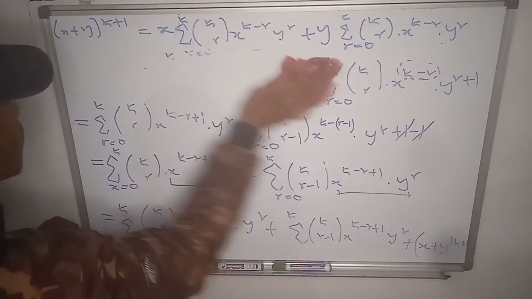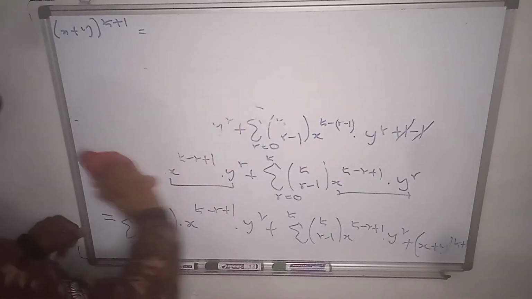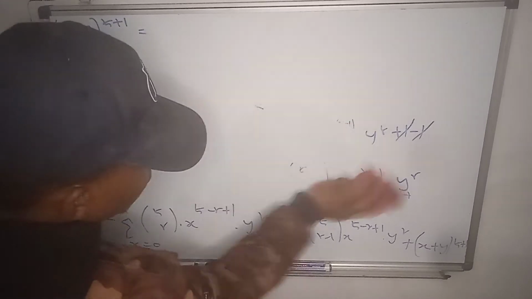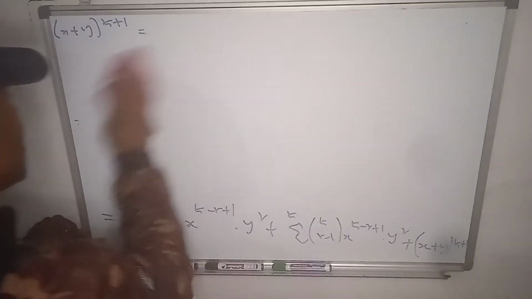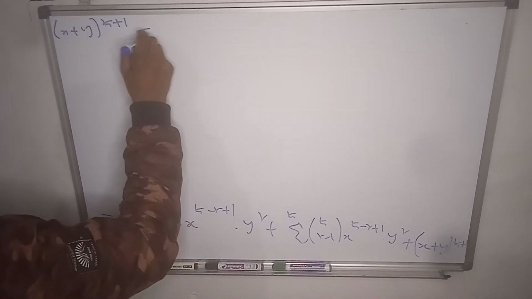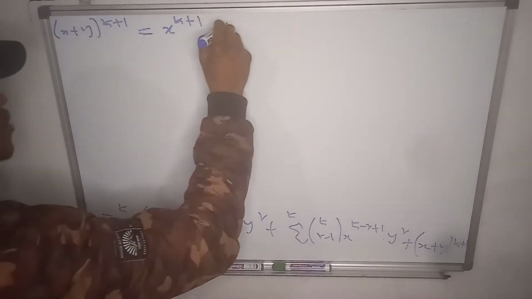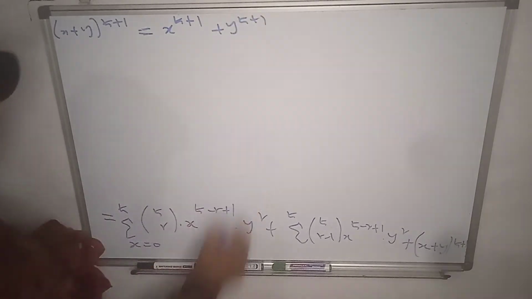But this term here, let me show you something about it. That term there can be broken down in such a manner. It can be said that it's x^(k+1) plus y^(k+1), like that.